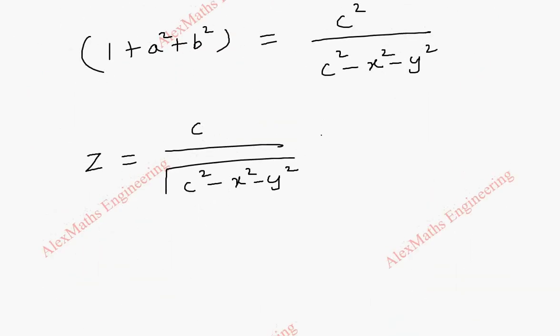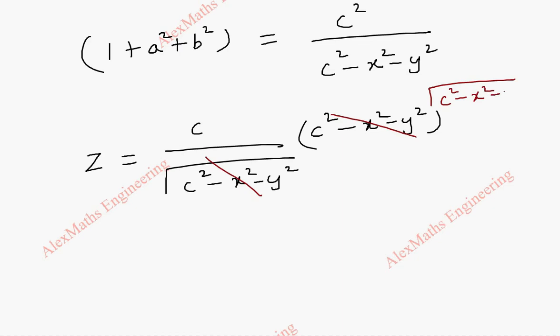So this is c square minus x square minus y square. Now we have the same term, so by cancelling these two, we are left with only root of c square minus x square minus y square. So z equal to c root c square minus x square minus y square.